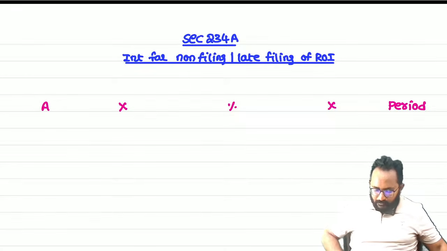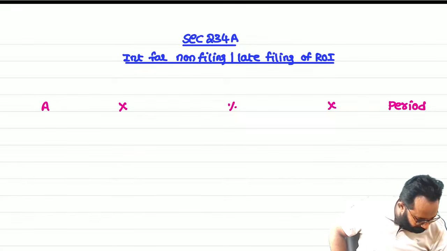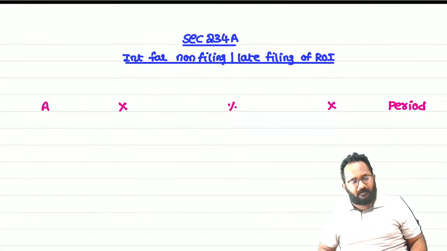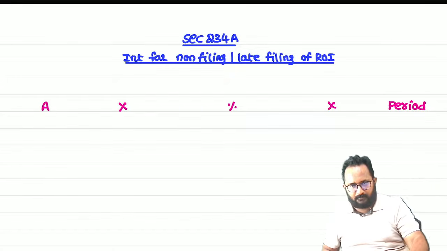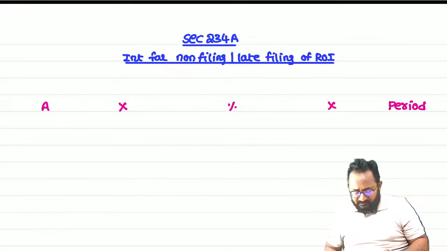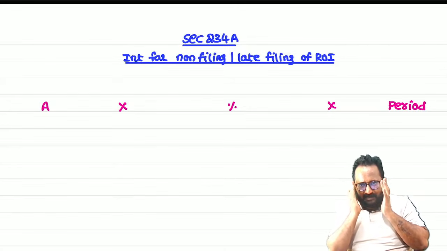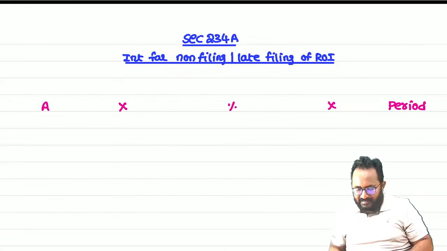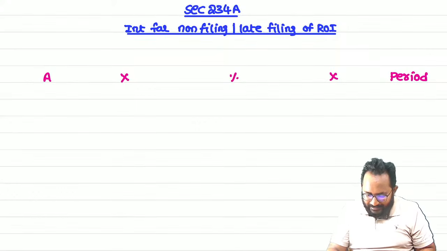What are they? The amount, the percentage or rate of interest, and the period. Now, every variable I will explain. I will give you clarity on the interest rate here itself.